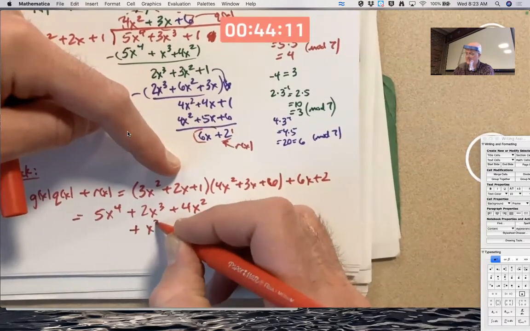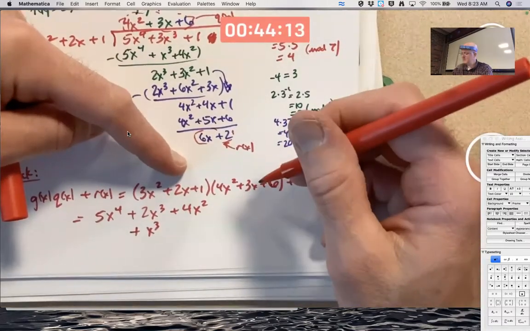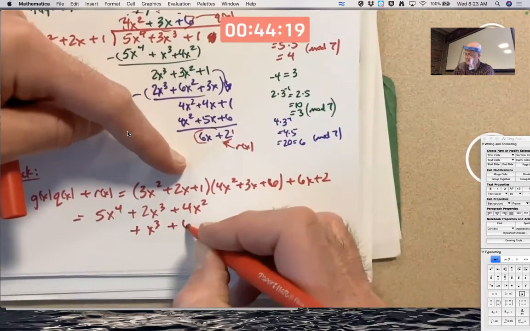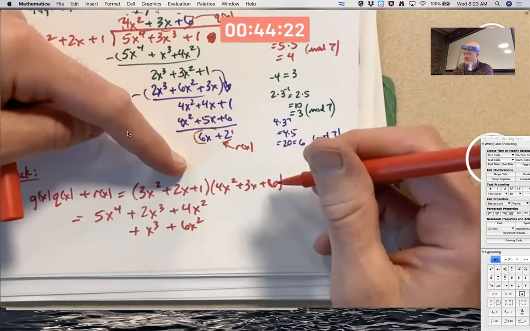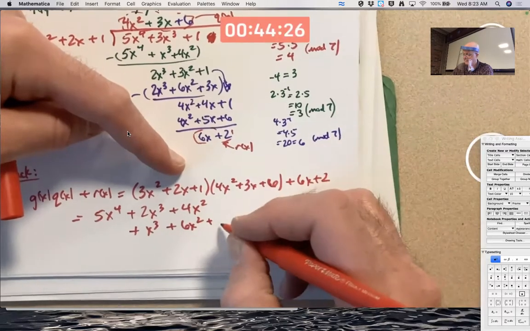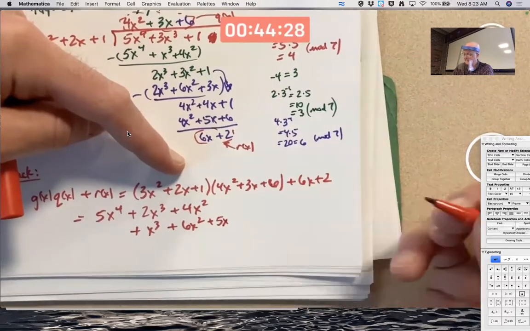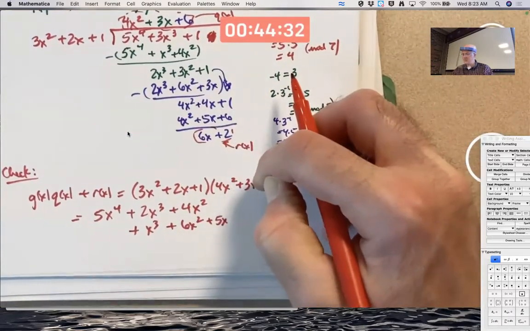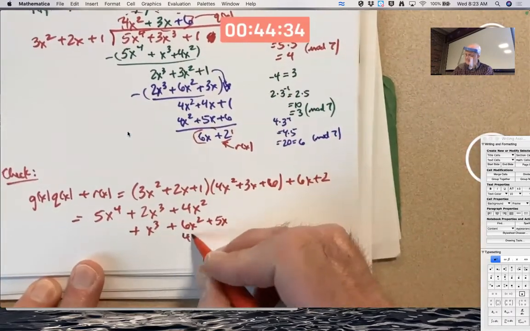Put an x cubed here. 2x times 3x is 6x squared. 6 mod 7 is still 6. This is 6x squared. And then 2x times 6 is 12x. 12 mod 7 is 5. Finally, go to the 1 here and multiply it times every term. That's nice and easy.